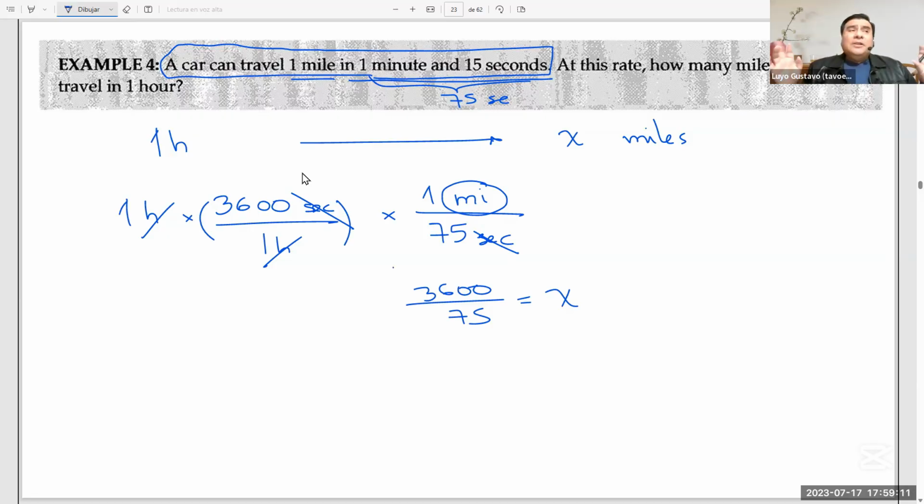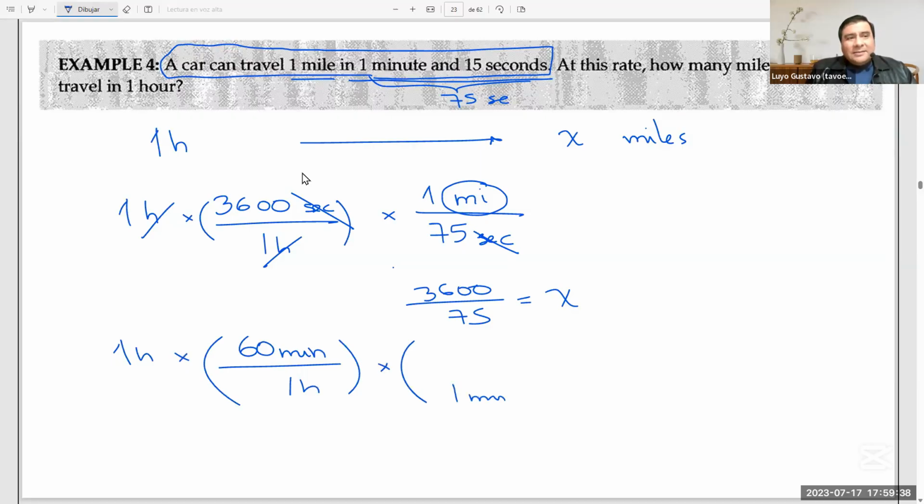Sometimes it's possible that someone says, oh, I don't remember, I'm confused by this. So what if I use a two-step conversion for hours to seconds? You can also say this if you want. 1 hour, first convert it to minutes. You say 60 minutes per 1 hour, and then convert minutes to seconds. You can say, okay, 1 minute is 60 seconds.